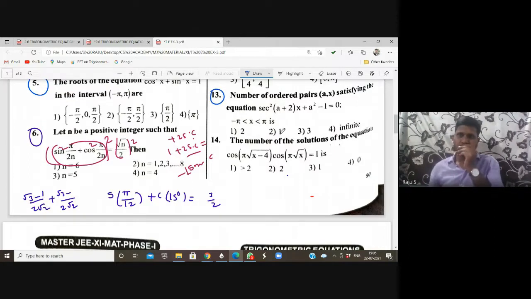Okay, students, the number of ordered pairs satisfying this equation. What shall we do here?